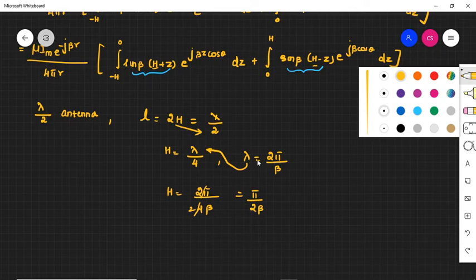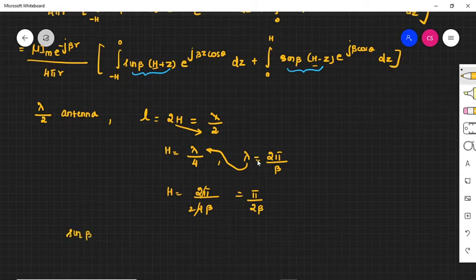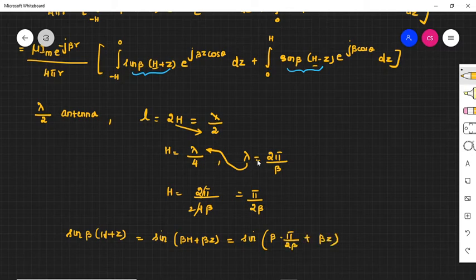Fine. So I am going to take the term sine beta into h plus z. We will multiply this beta inside. So this becomes sine of beta h plus beta z. This is nothing but sine of beta into pi by 2 beta plus beta z. So this beta gets cancelled. This becomes sine of pi by 2 plus beta z, which is of the form sine of 90 plus theta.